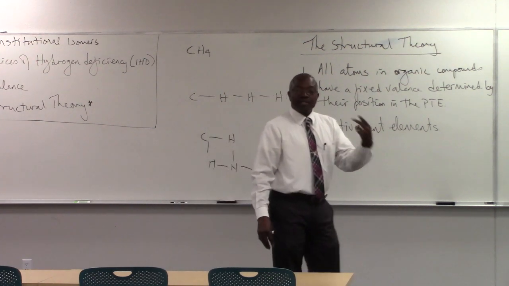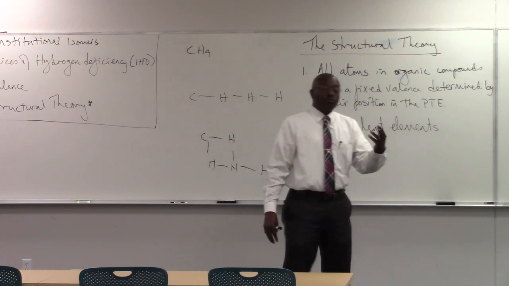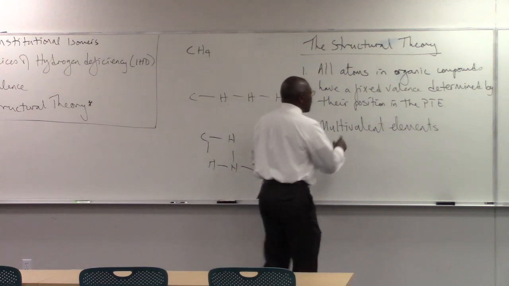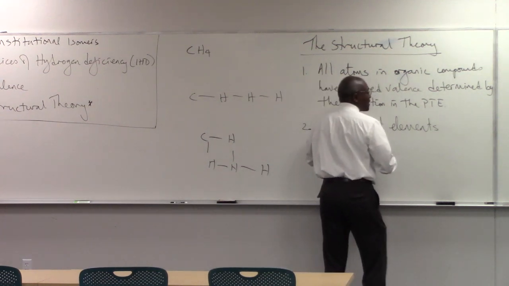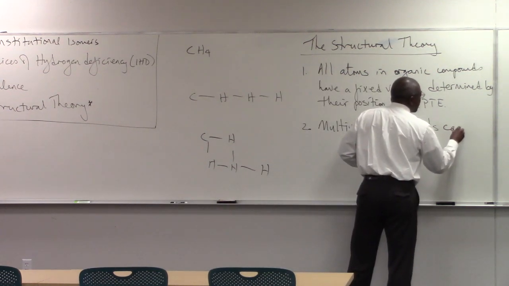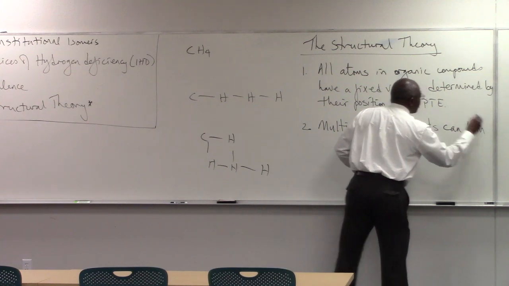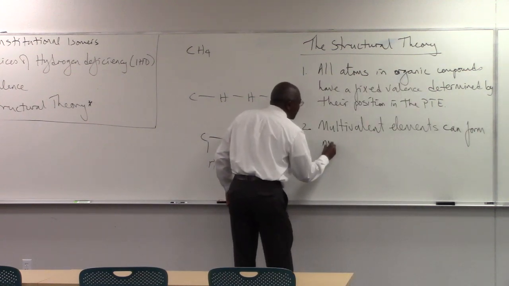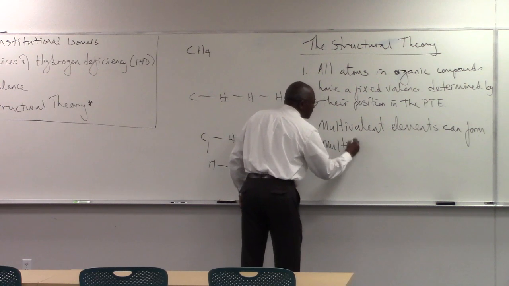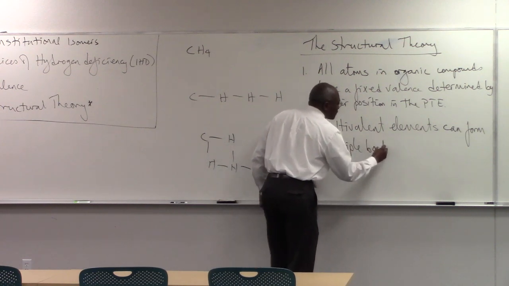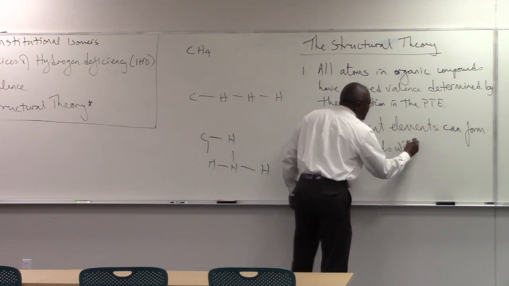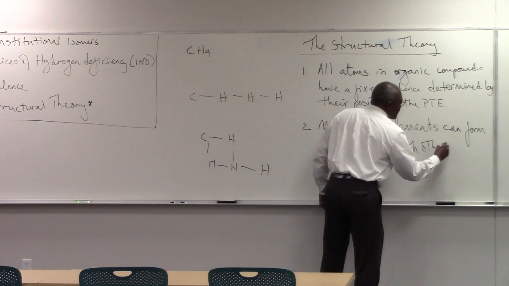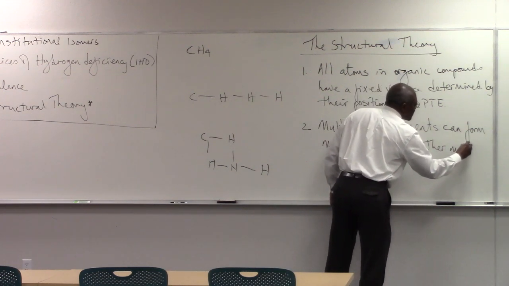The pnictogens, nitrogen, phosphorus, and then the group 4 elements. All multivalent elements can form multiple bonds with other multivalent elements.